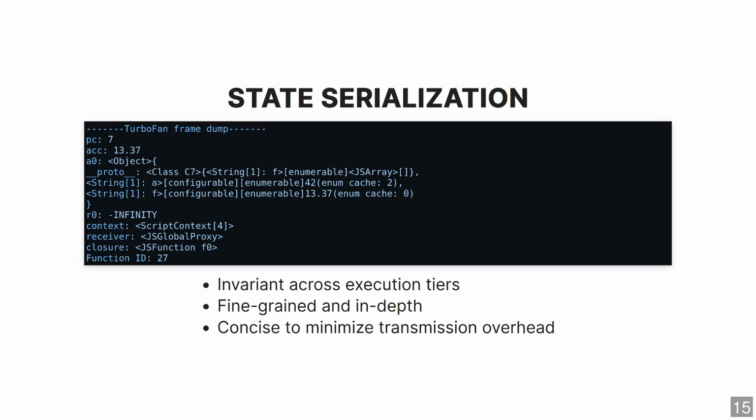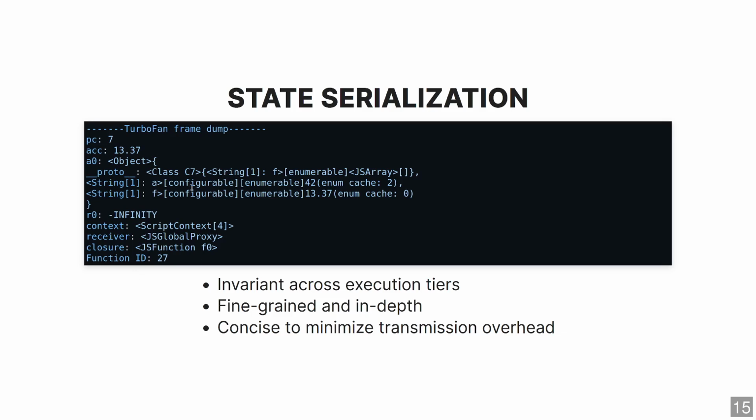Okay, so now that we have these C++ objects that are the VM state, we implement a robust, invariant, and still fine-grained and in-depth way of dumping this VM state, meaning serializing all the objects with all the details that need to be invariant across execution tiers. This is actually not the format that we use, but we have a more minimized format.